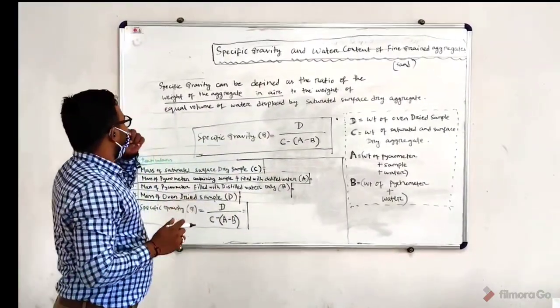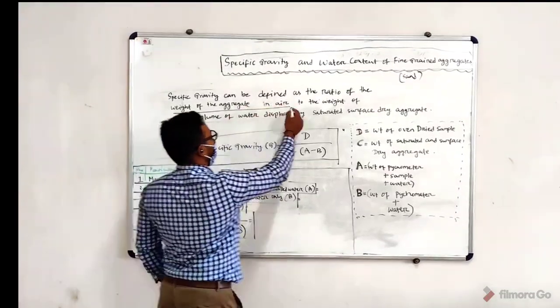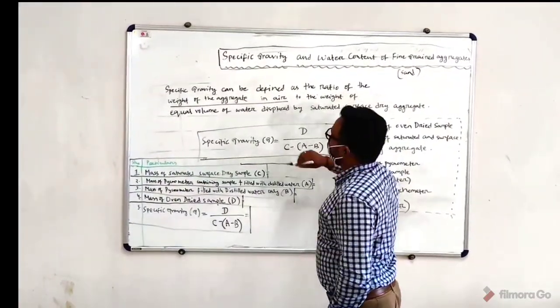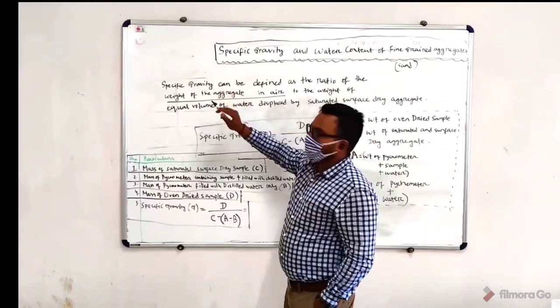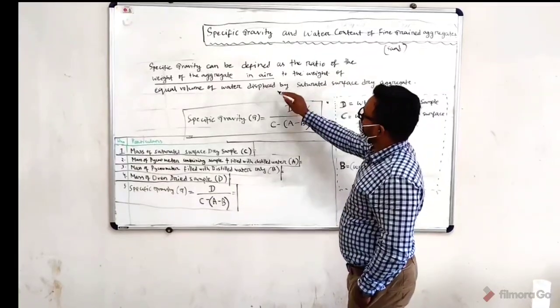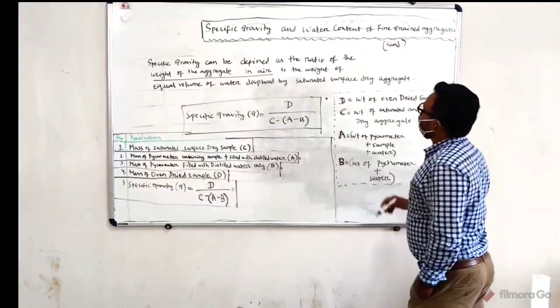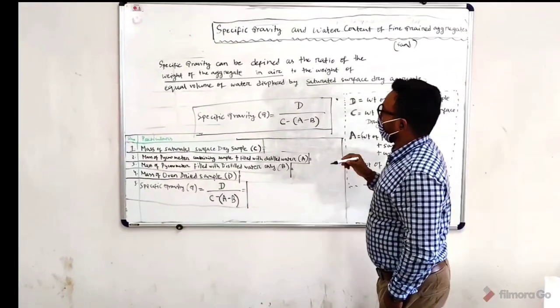Okay. So, what is specific gravity of the sand? Specific gravity can be defined as the ratio of weight of the aggregate in air, weight of the fine aggregate here in air, to the weight of the equal volume of water displaced by saturated surface dry aggregate. This is very important.